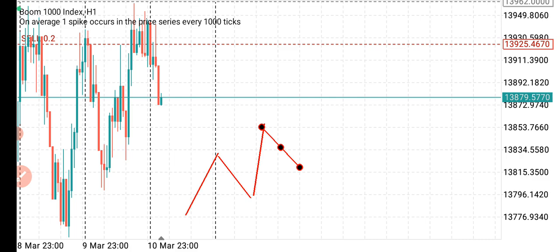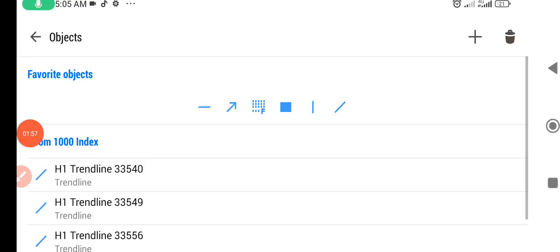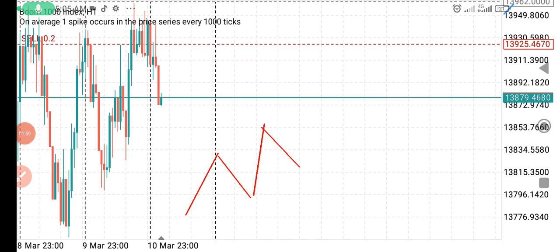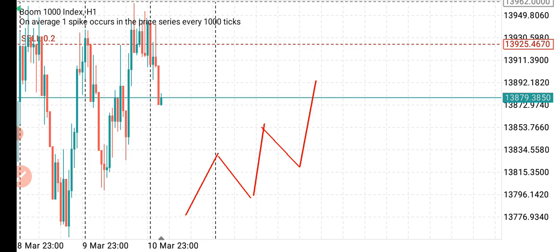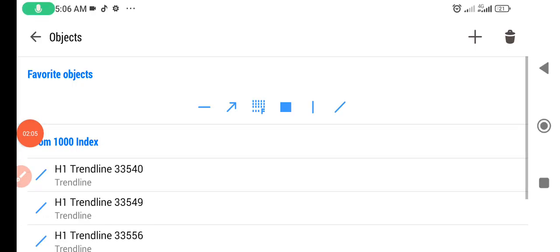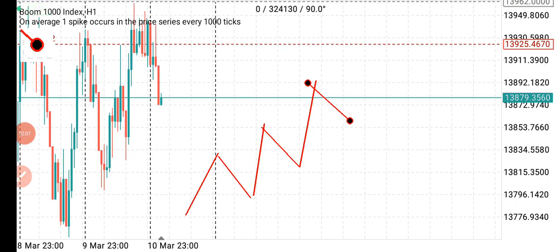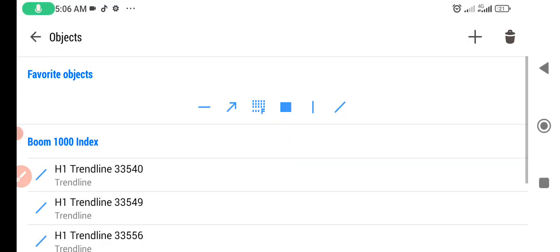It might not be perfect like this when you are looking for this on a chart. So from this illustration, you will agree with me that it is confirmed that this market is in an uptrend.